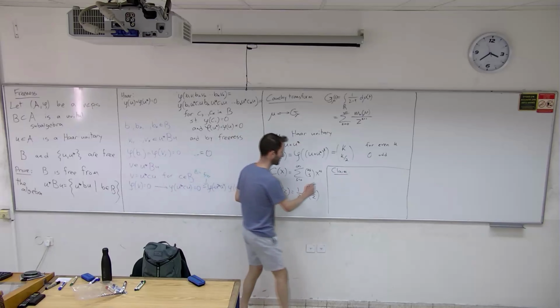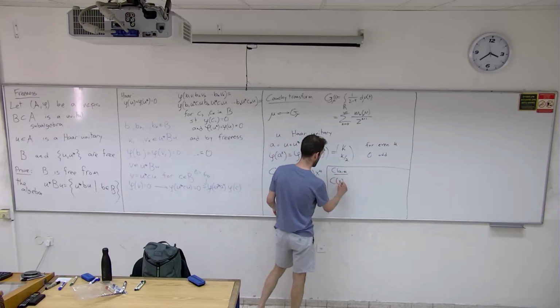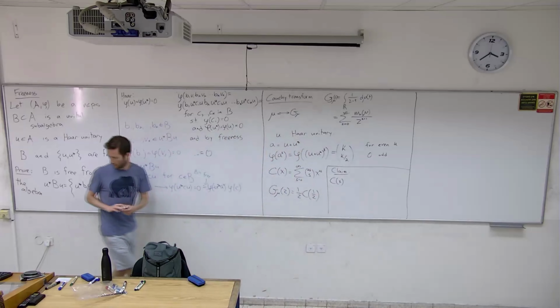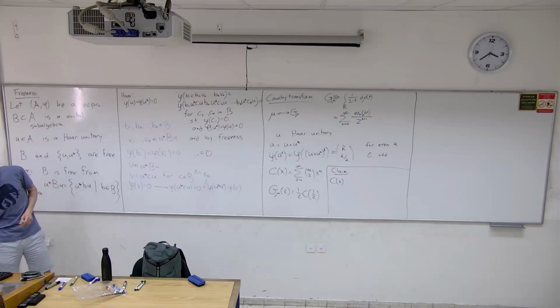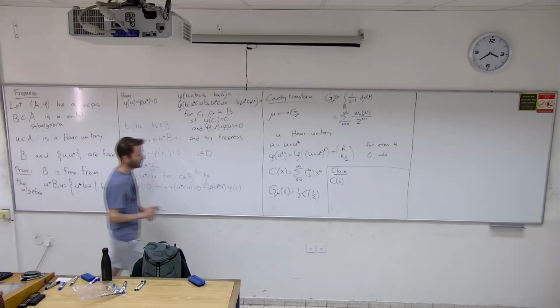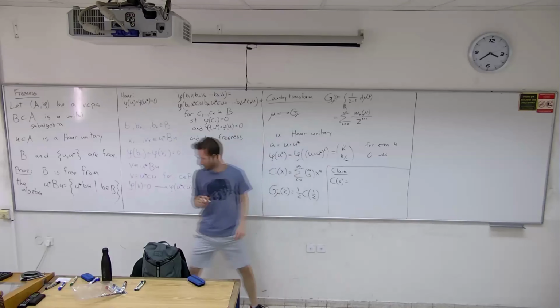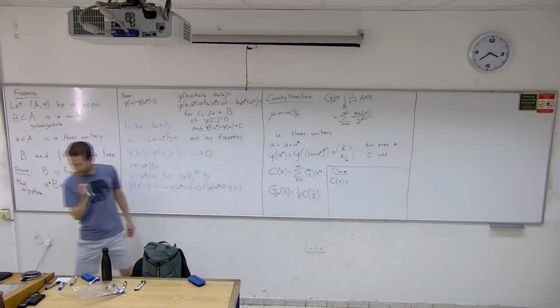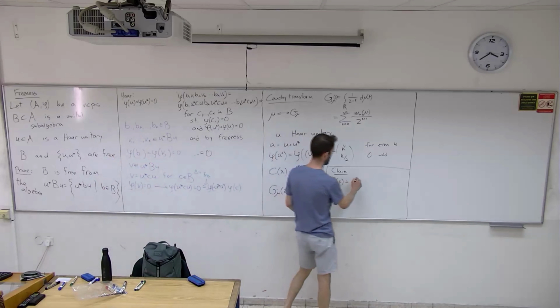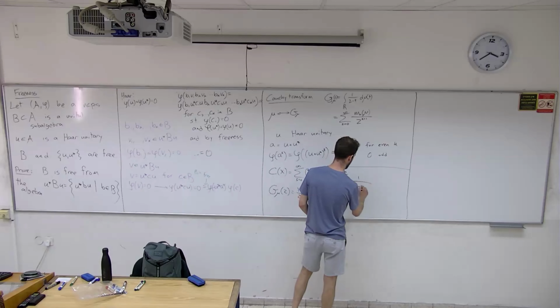And the claim is that the formula for C of x is 1 over 1 minus 4x squared.